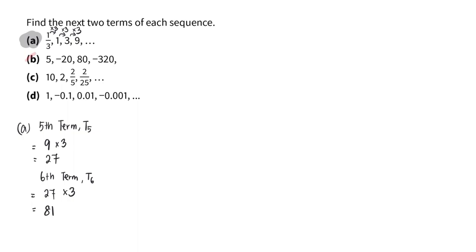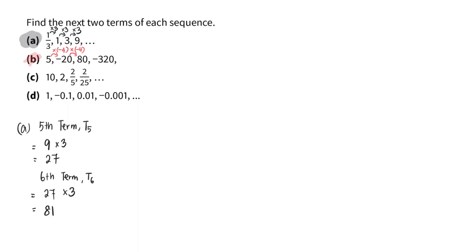Well, for part B, do observe that we are actually multiplying again. But this time round, we are actually multiplying by negative 4. 5 times negative 4 is negative 20.